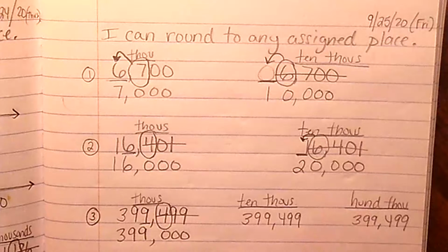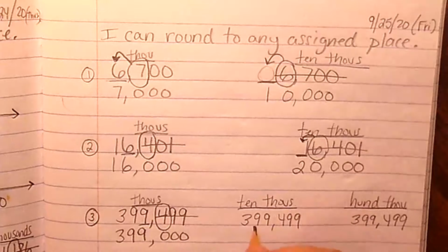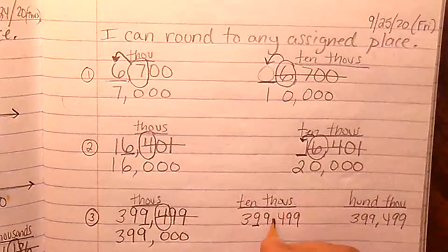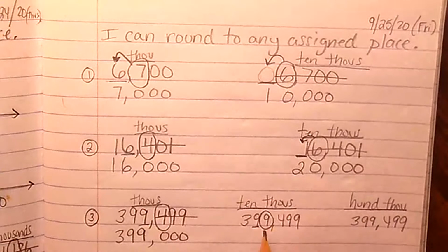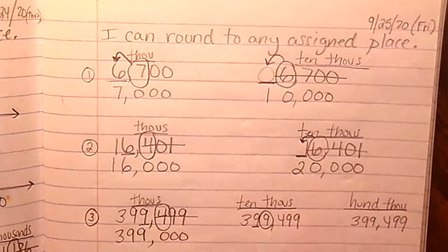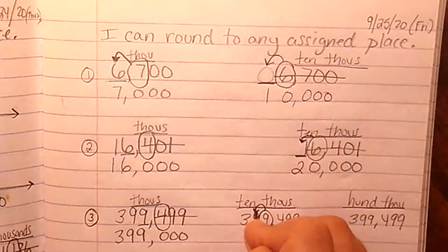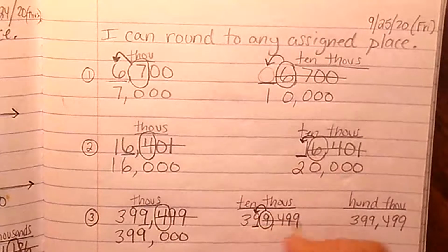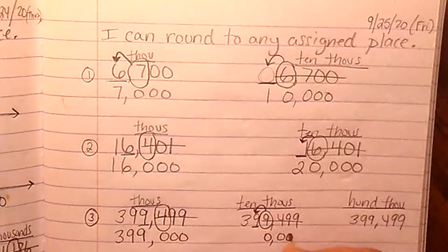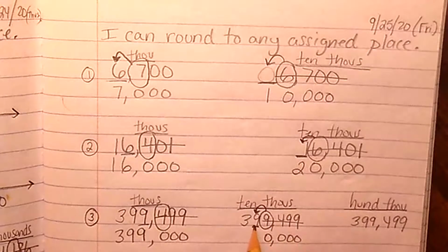All right, let's round to the 10,000s place. Here's the 10,000s. I look at the neighbor. Is 9 a handful? Yes, too many people for a party, so I have to bring them back. And when I bring them back, then these turn into no problem anymore. Now, when I brought one back, it's going to change my 9 into a 10. But I can't put 10 right here.